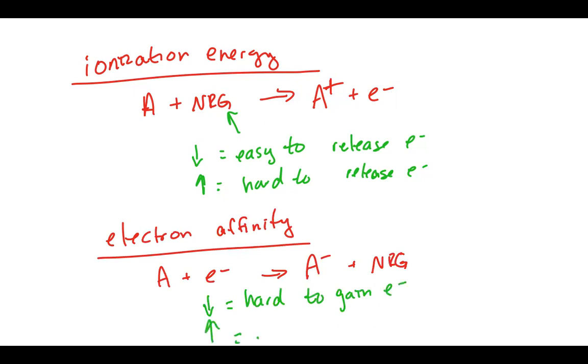And if it's high, it means that that atom really, really wants an electron. So I just want to make sure that I make that distinction. Okay, so they're opposite. The reason why they're opposite is because the energy is on opposite sides of the chemical equation. So the meaning is opposite. Okay.